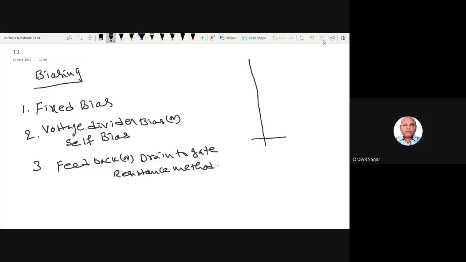Consider only the output characteristics. So this is the output characteristics.